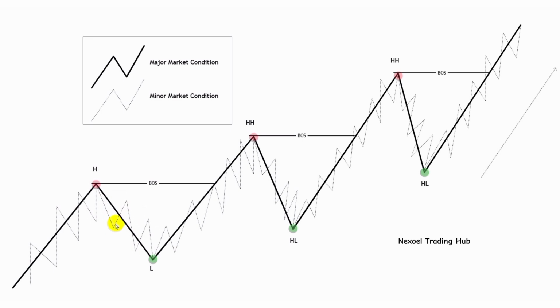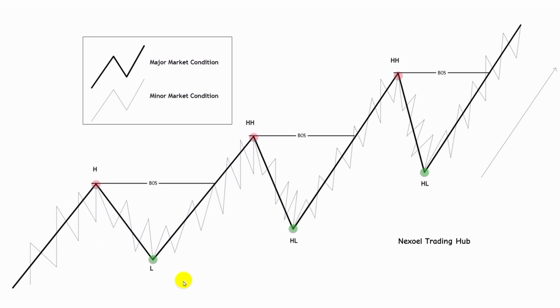The market gives a series of lower highs, lower lows, lower highs, lower lows. That doesn't mean the overall market condition is now bearish. No, it is just a pullback leg move to the downside for price to retest a zone within the impulsive leg move, and then we have the continuation to the upside.